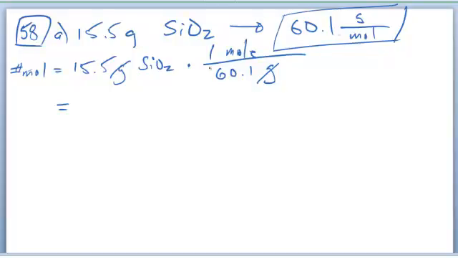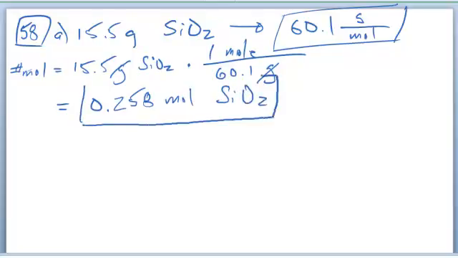So I would expect our answer is going to be somewhere around 0.25 moles. And when you do the calculation, you take 15.5, divide by 60.1, lo and behold, the answer is 0.258. And that's moles of silicon dioxide. All right, so I'm going to put a box around the final answer.